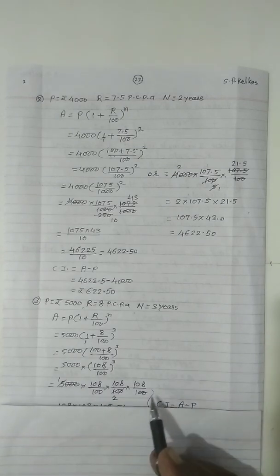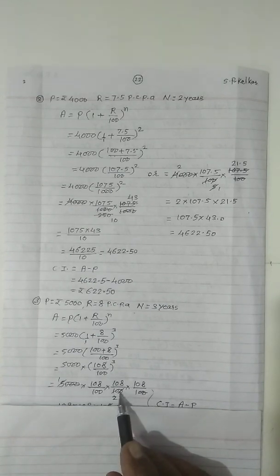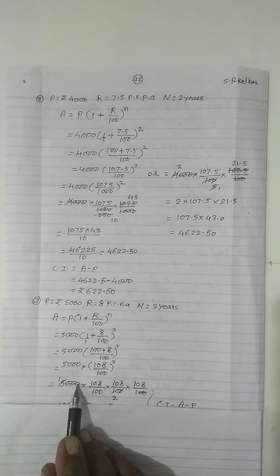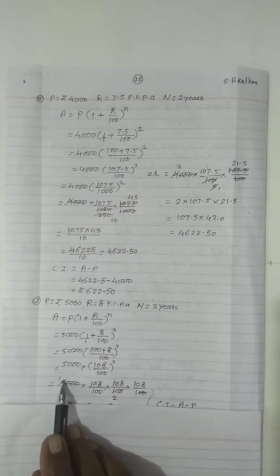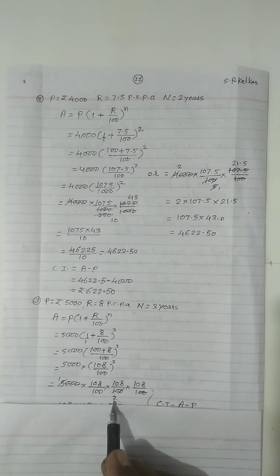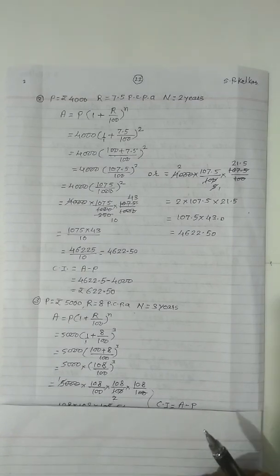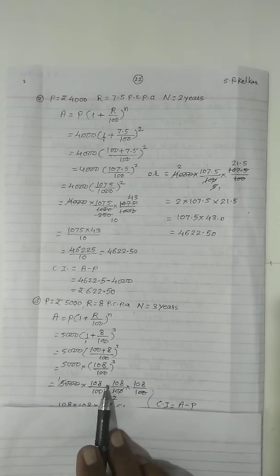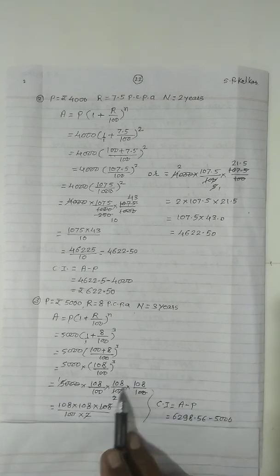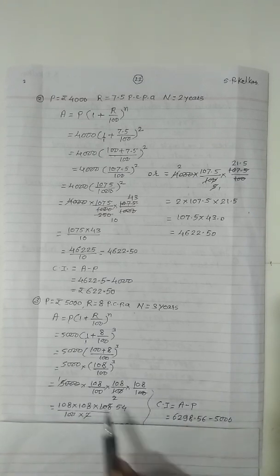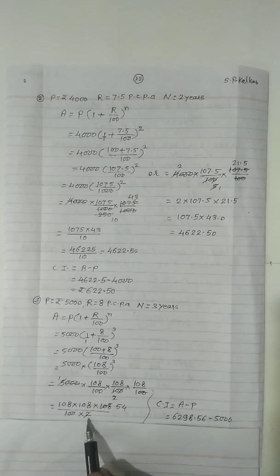Then these 2 0s and this 1 0, means 3 0s, cancel with 3 0s. Then by this 5 divide this 10, we get here 2. Then we write down here 108 into 108 into 108 divided by this 100 into 2.